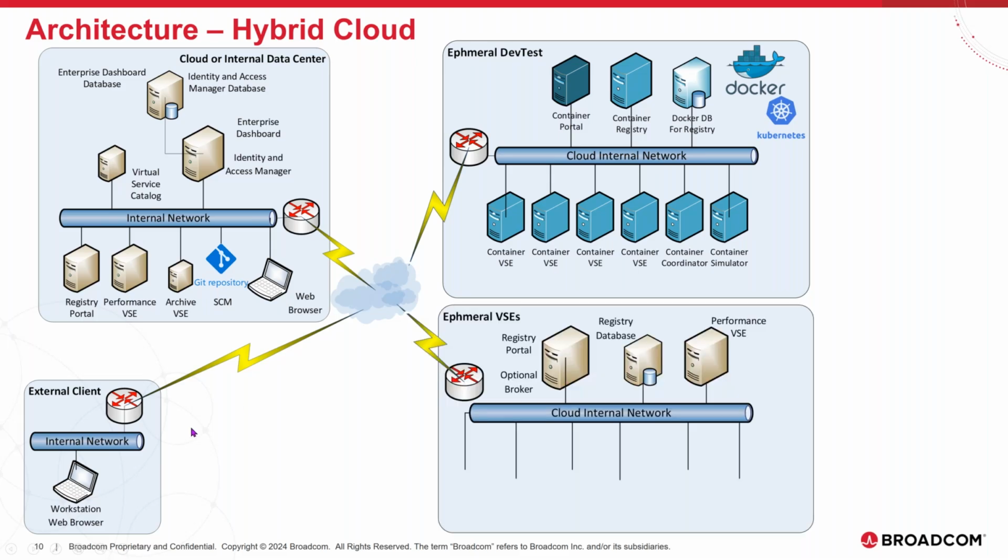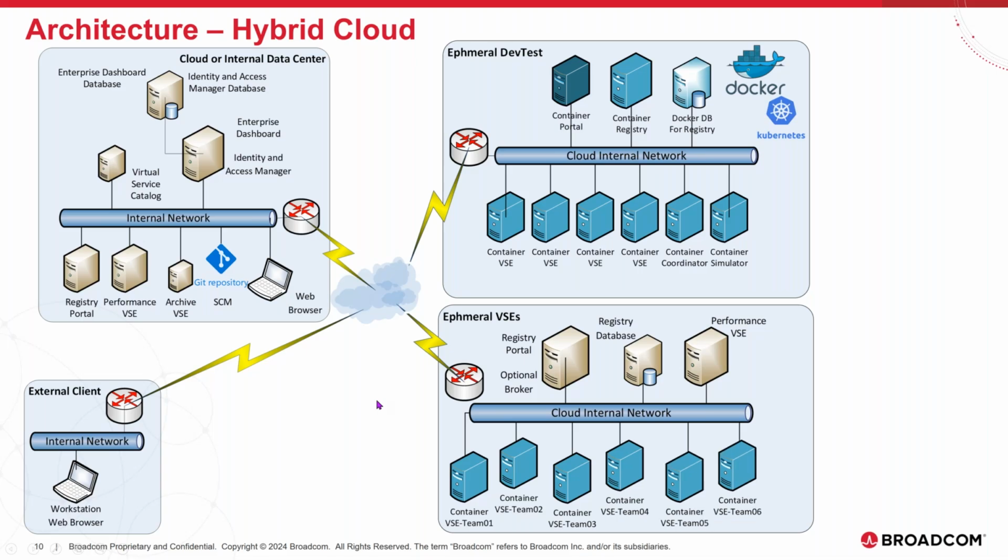Alternatively, you could have a registry portal up in virtual machines. Maybe one performance VSE, and then you bring up as many container VSEs as you need. I've actually done this before for training environments, where I brought up 12 virtual service environments to train a group of people so that they could each have a VSE for their team and work with that.